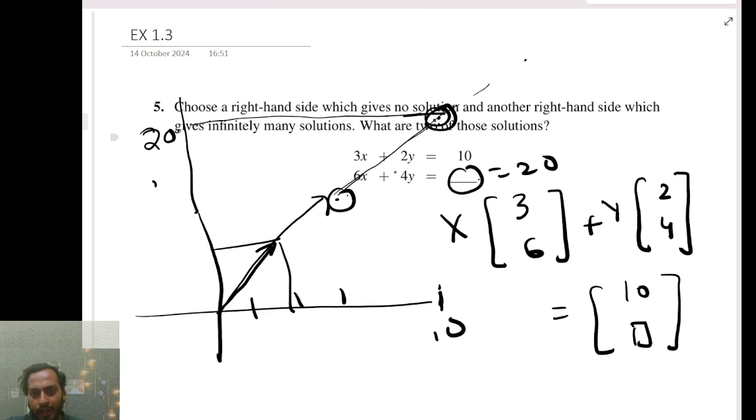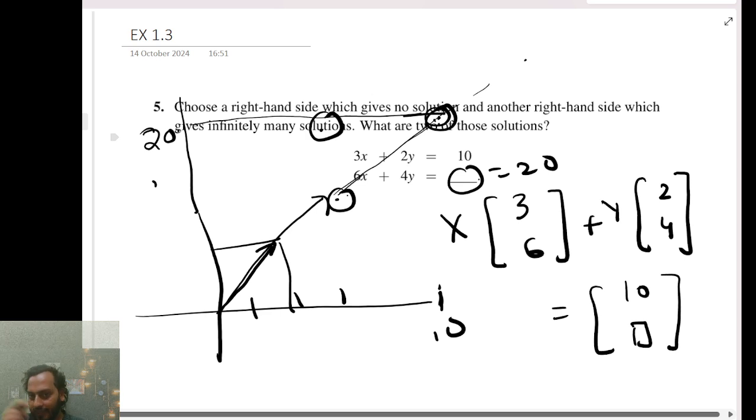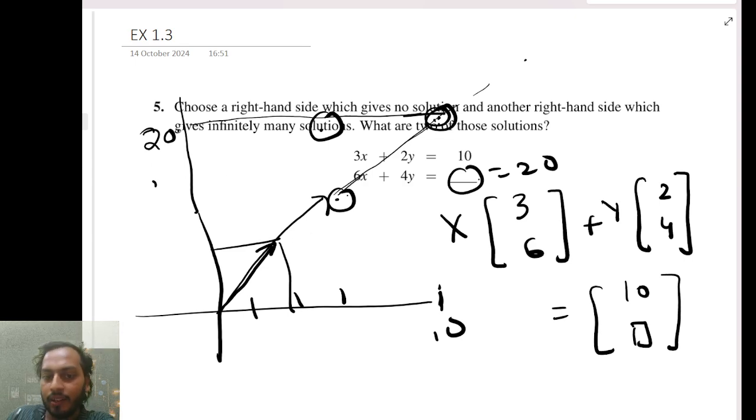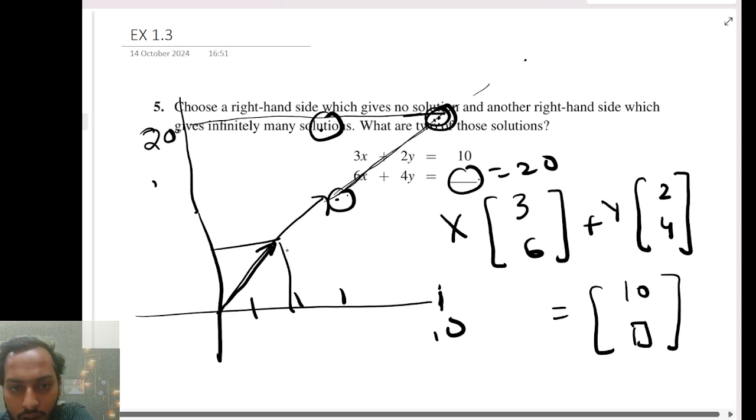But what happens if I select any point other than 20? It would be somewhere here. But then can I reach it? I cannot, because both vectors are on the same line. So if I take any combination, I can reach all the points which lie in the direction of this line, but I cannot reach anywhere beyond this line.